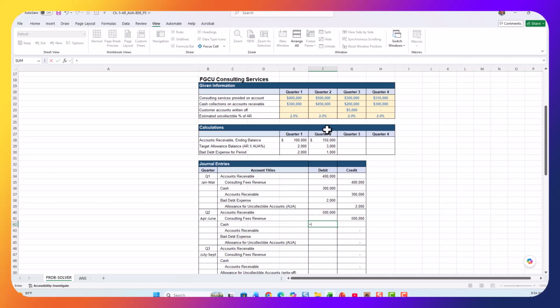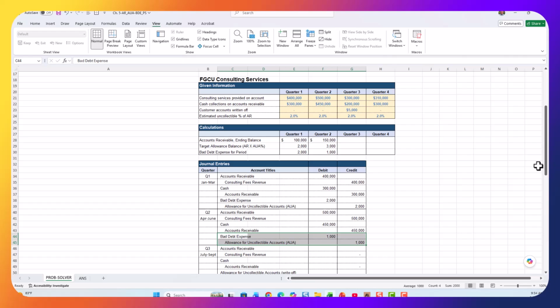We'll debit cash for $450,000 and credit accounts receivable for $450,000 to record the collection of cash on account. Our adjusting entry will be a debit to bad debt expense for $1,000 and a credit to the allowance for uncollectible accounts, or AUA, for $1,000.